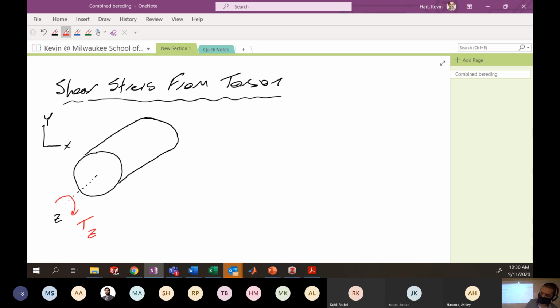So if I was going to represent this same exact torque using a double arrow, I'd point a double arrow towards the center of this bar here. And this would be an equivalent TZ. These are the same. It's just two different ways to represent torque.